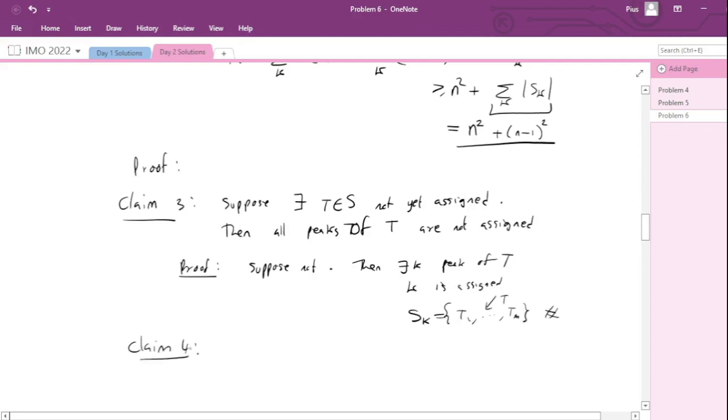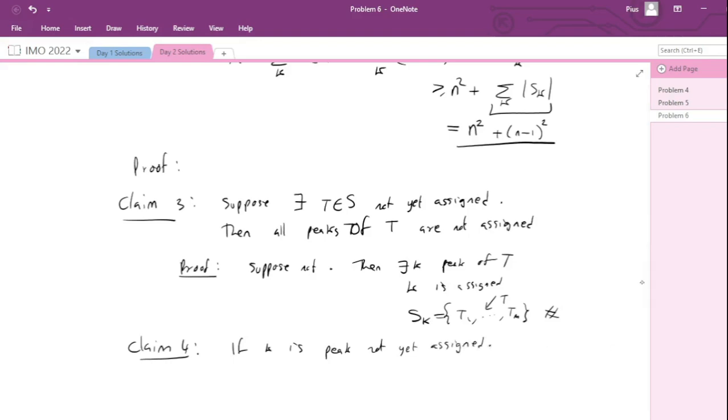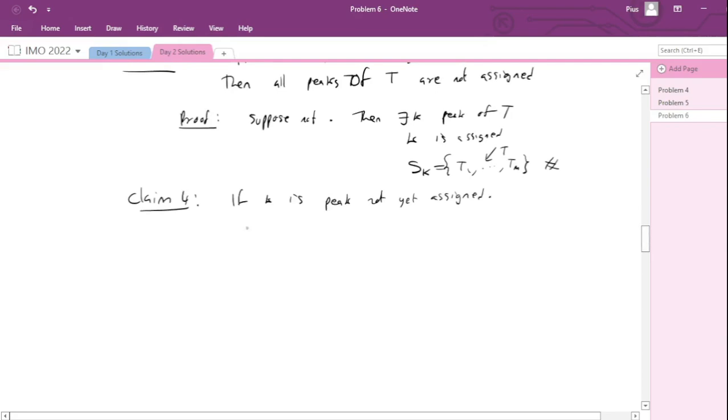All right, so moving on to the next claim. So it's related to this one. So now suppose we have, if K is a peak not yet assigned. Okay. So what do we hope to get this time around? Then we must have that, first of all, the accumulation at K has to be exactly 3.